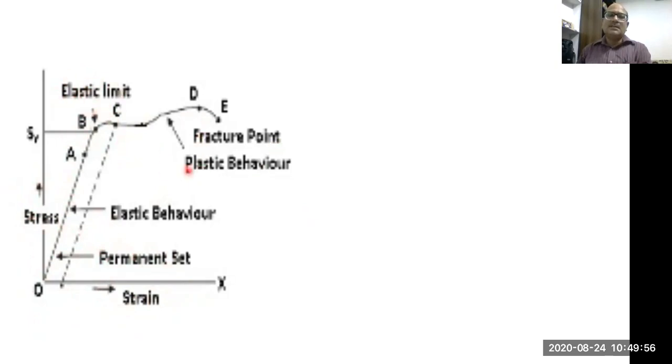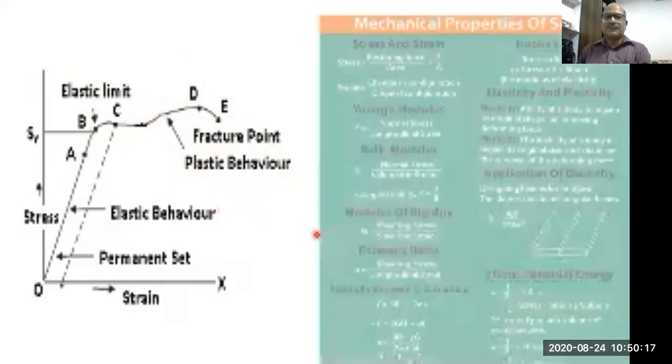But after that, plastic behavior is reached from C to D, and from D to E is the fracture point. So you can understand that every material has its own elastic limit, and up to what point we can extend it depends on its structure.